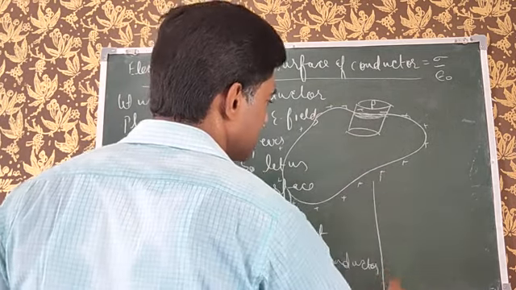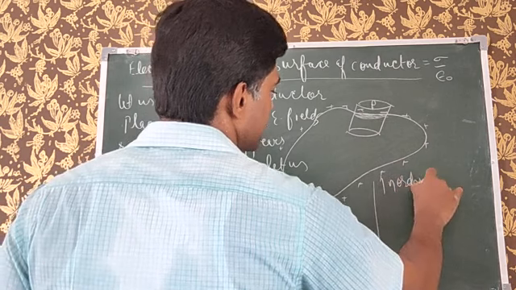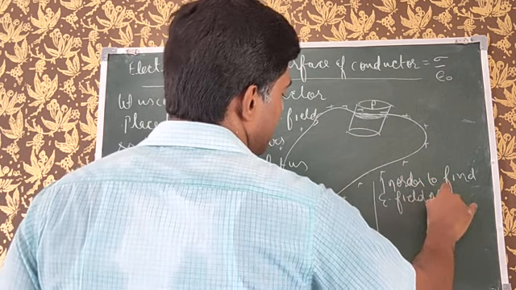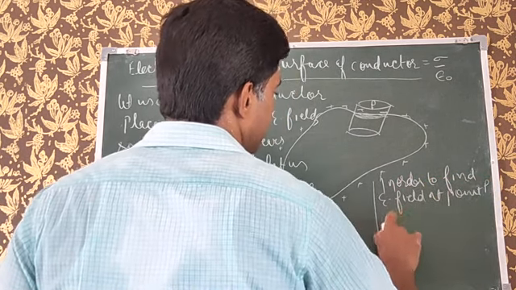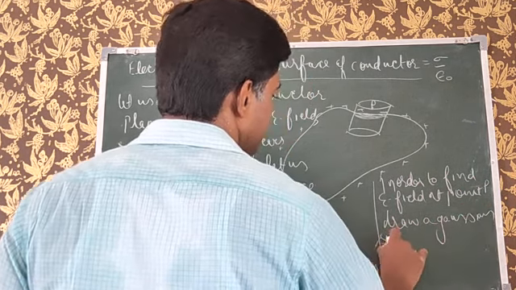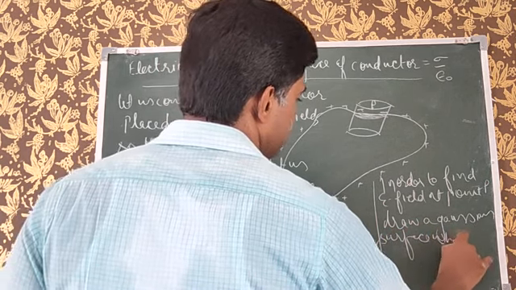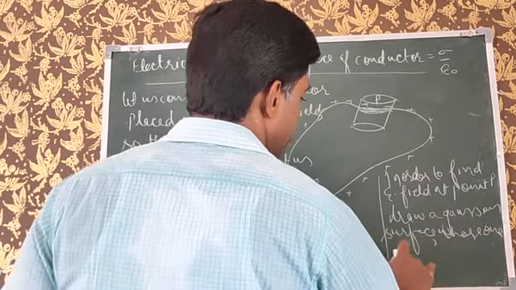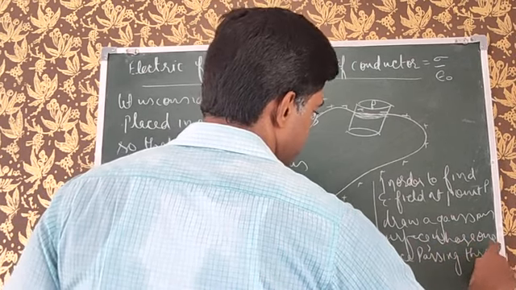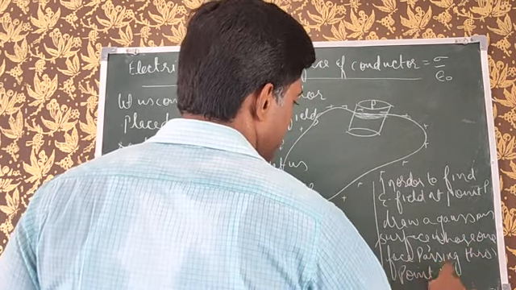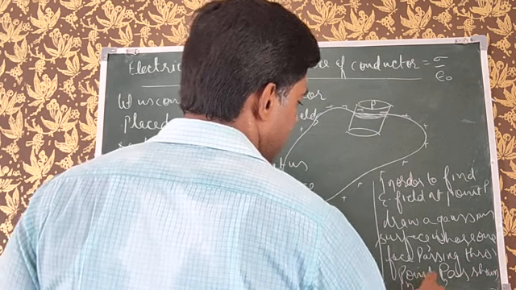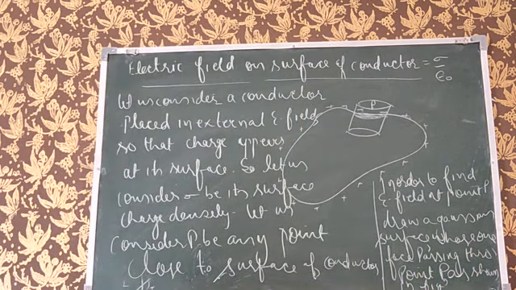So in order to find the electric field at point P, draw a Gaussian surface whose one face is passing through point P as shown in the figure. Write this.